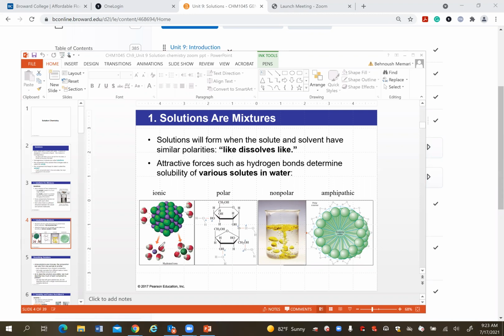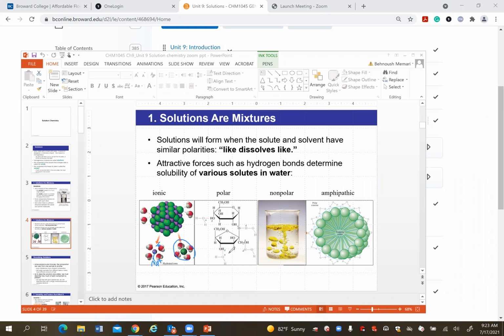The water molecule from the oxygen side, which is negatively charged, is going to surround the sodium ion because sodium has a plus charge. And chloride is negatively charged. The water molecule from the hydrogen side is going to surround and attract the chloride ion. So you get these sodium and chloride ions separated from each other by the water molecule, and that means formation of the solution. The solution of this ionic compound is going to form because it's separated into ions.